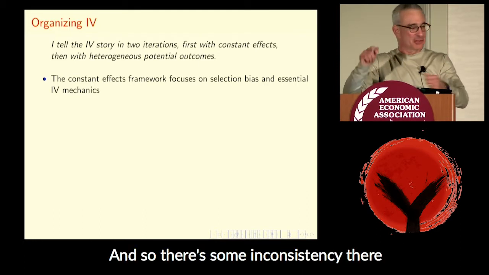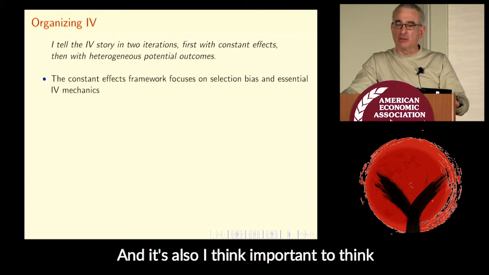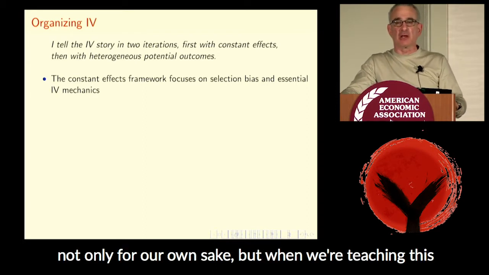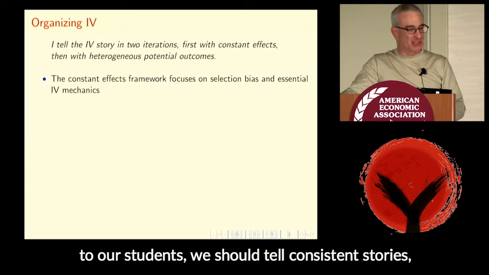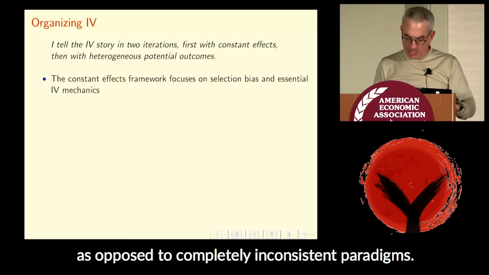And so there's some inconsistency there that we need to square that circle. And it's also, I think, important to think clearly about these things, not only for our own sake, but when we're teaching this to our students, we should tell consistent stories as opposed to completely inconsistent paradigms.